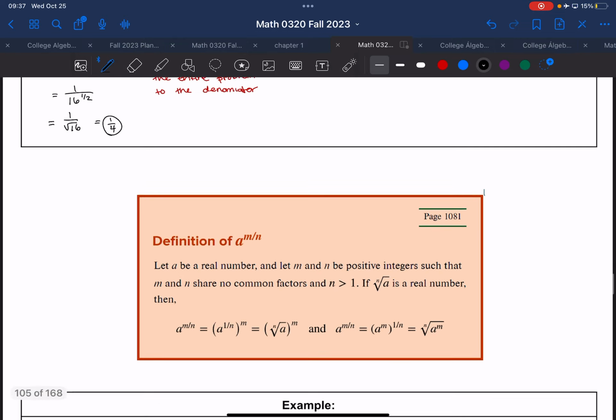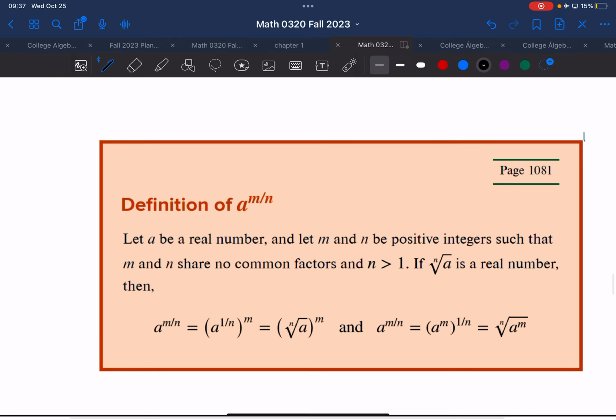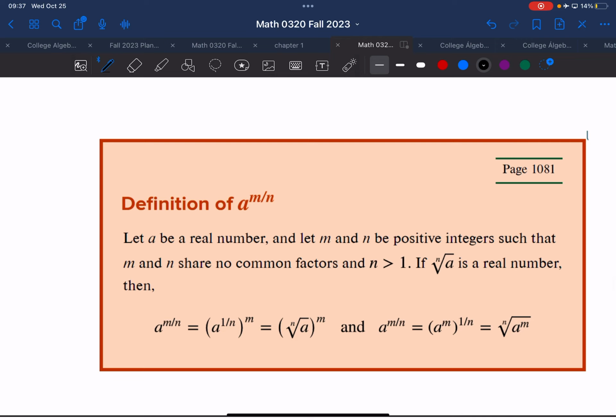Now we're going to look at the definition of a to the power of m over n. In this case, instead of having a 1 in our numerator for our power, it could be a different number. So we could rewrite a to the m over n as a to the 1 over n raised to the power of m.